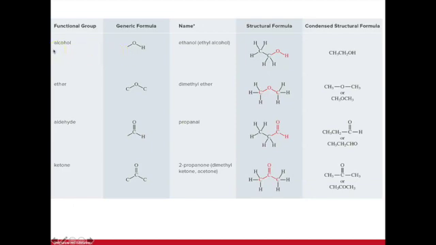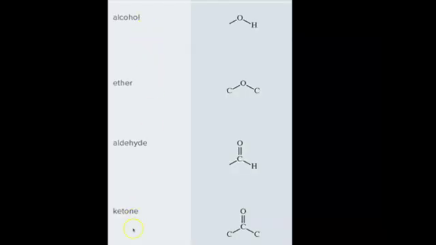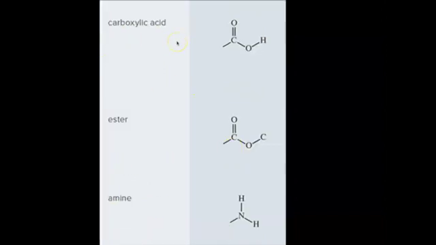We'll be looking at the names as well as the structures and the condensed structural formula, and also adding the name endings that we'll see in the IUPAC naming of organic molecules. The overview first, and then we'll go into each individually and fill out the worksheet along the way. The seven are alcohol, ether, aldehyde, ketone, carboxylic acid, ester, and amine.